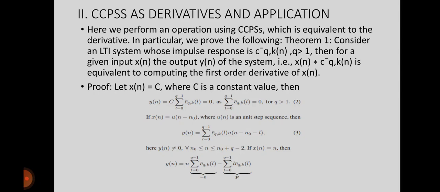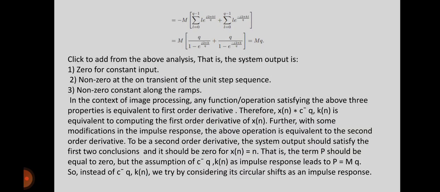Then y of n is equal to n times summation l equals 0 to q minus 1 of C bar q,k of l, minus summation l equals 0 to q minus 1 of l times C bar q,k of l. Here the first one is equivalent to 0 when we substitute l equals 0 to q minus 1, and the second one let us say is p.